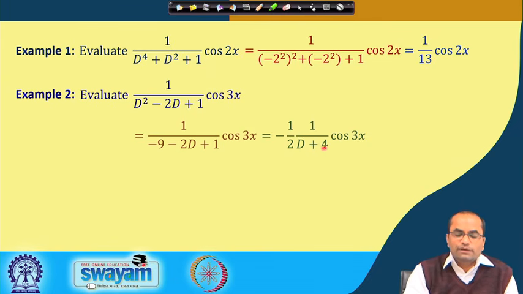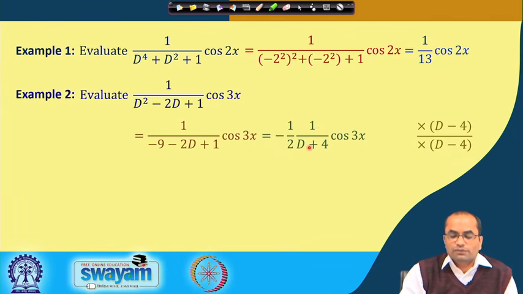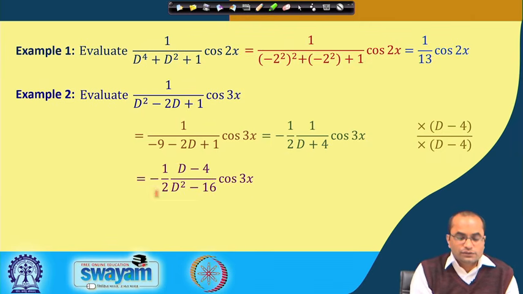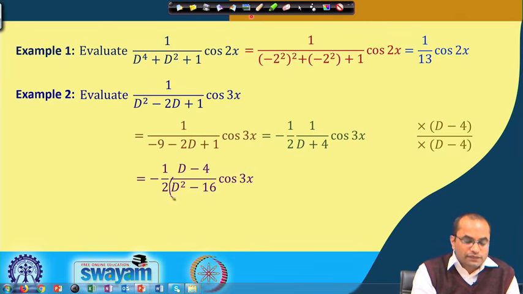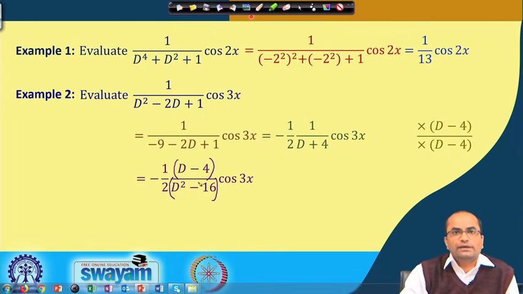If we multiply by d minus 4 and divide by d minus 4 to this operator, then the numerator will have d minus 4 and the denominator will have d square minus 4 square. So, 1 over 2 was already there, and d plus 4 and d minus 4 will give us d square and minus 16 here. So, we have d square minus 16, and in the numerator we have d minus 4.